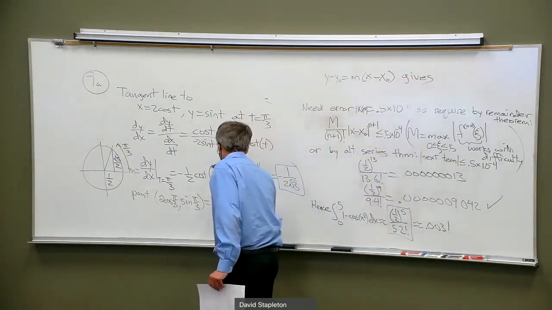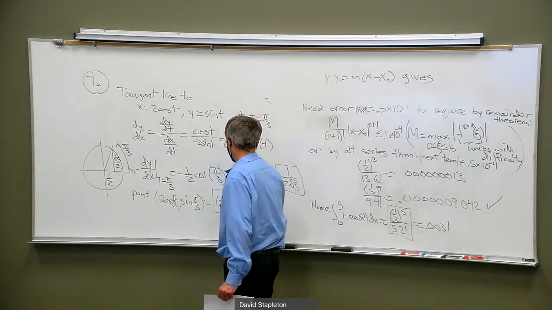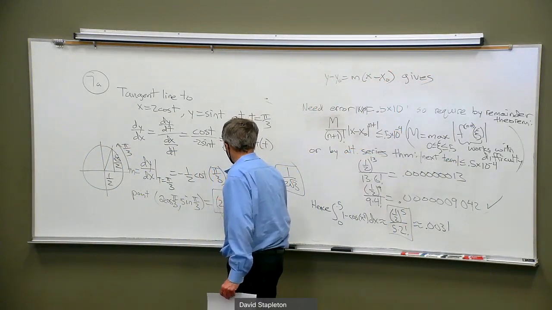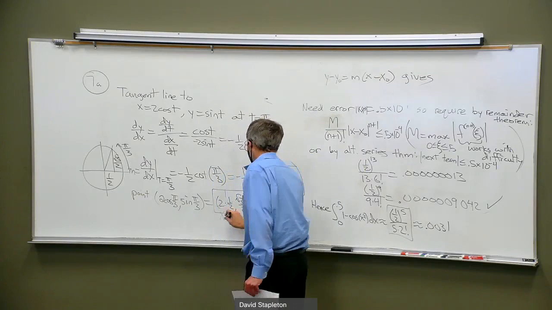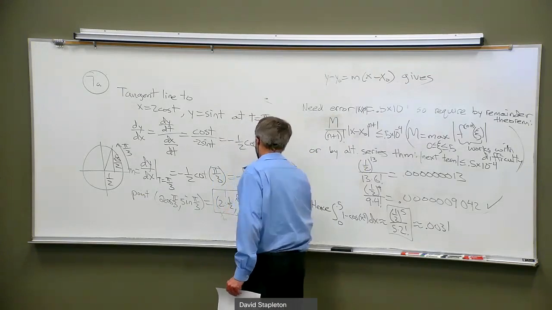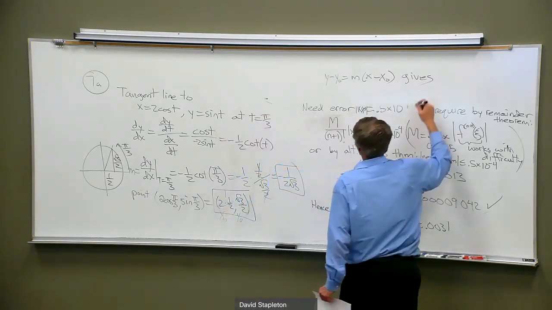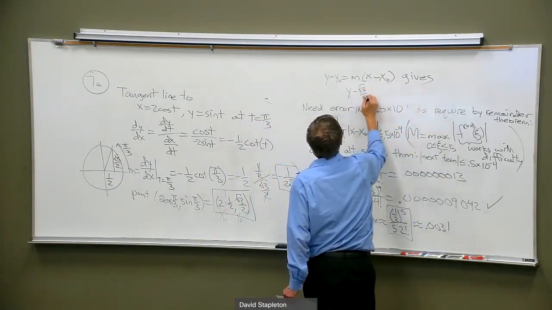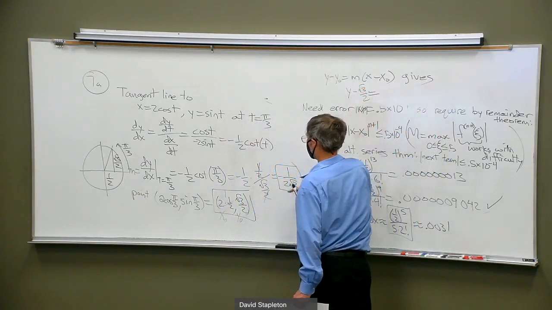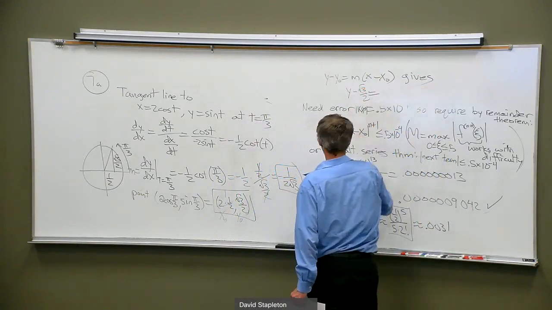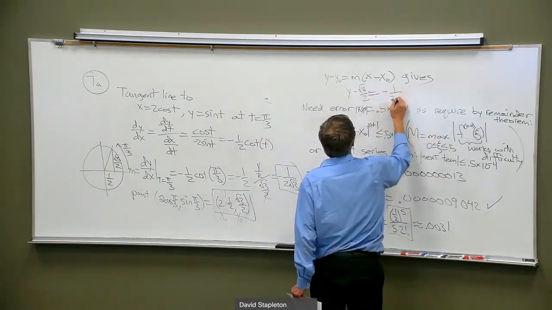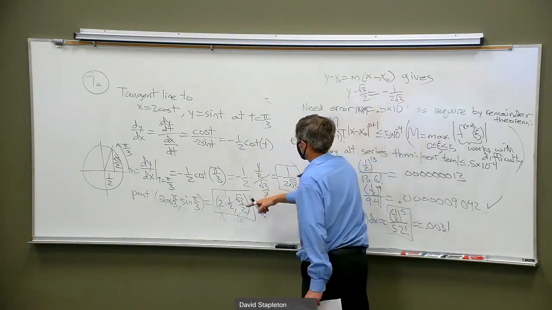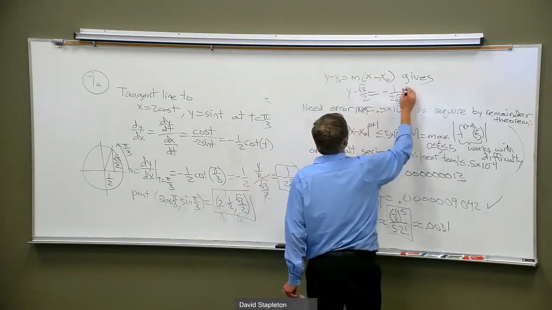Plugging in the point, x naught, 2 times a half is just 1, right? Now y naught is square root of 3 over 2. So it's y minus square root of 3 over 2 equals m, minus 1 over 2 square root of 3, times x minus x naught, x minus 1.